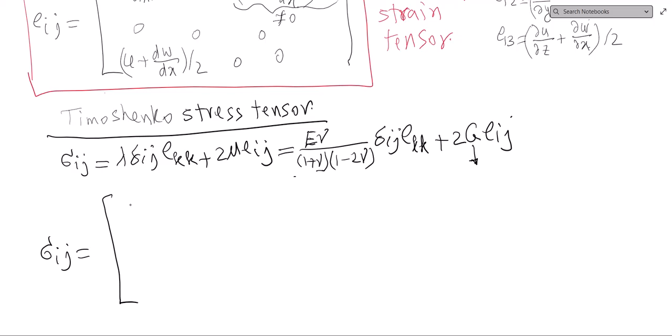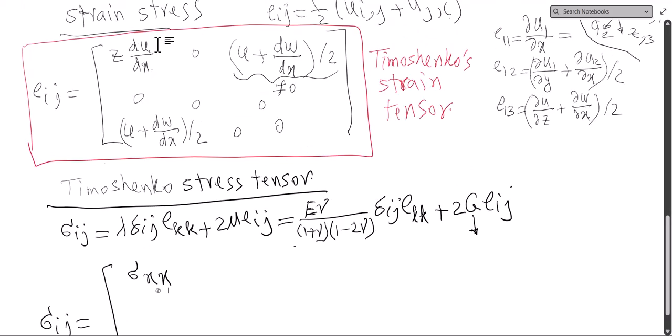Obviously, sigma xx would be non-zero because we have the E11 or Exx. So here delta ij is 1, ekk is the sum of the diagonal of the e, you have non-zero, and e11 again is non-zero. So we get quite a bit for this element.